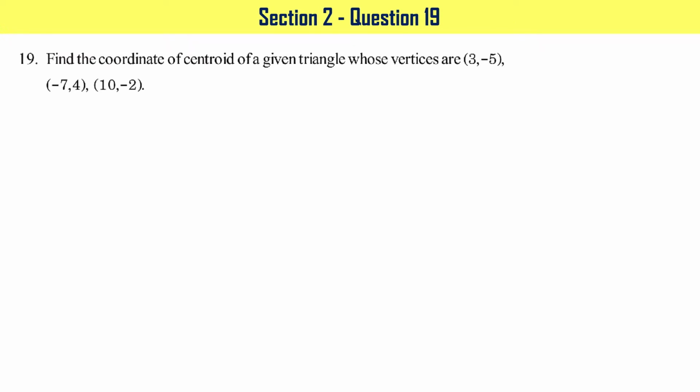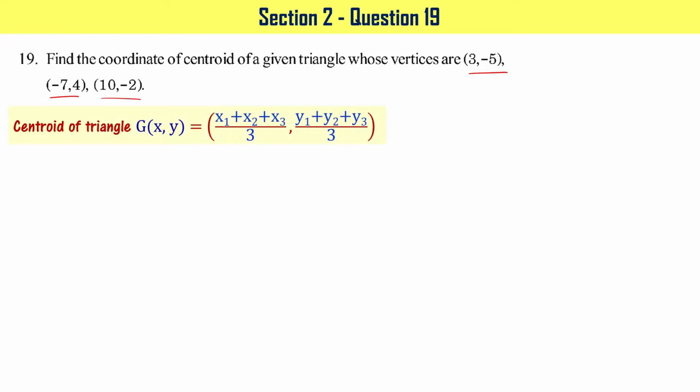Find the coordinate of centroid of a given triangle whose vertices are (3, minus 5), (minus 7, 4) and (10, minus 2). Centroid of a triangle is defined as (x1 plus x2 plus x3) divided by 3, comma (y1 plus y2 plus y3) divided by 3.